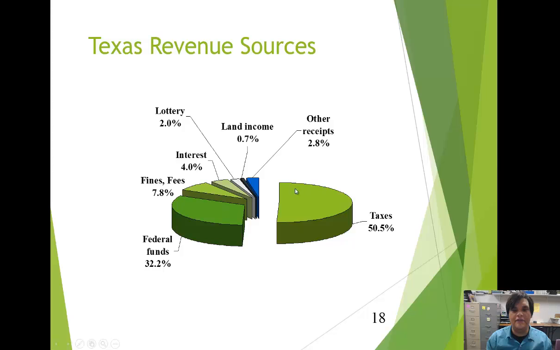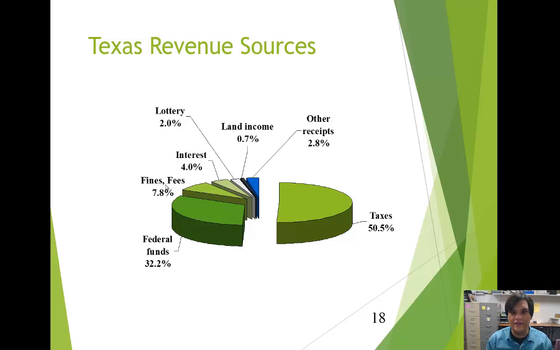And you can see from this graph that it also takes around 50% of its revenue from taxes itself. Federal funds, it takes a lot of money from the federal government. This says here 32.2%. Fines and fees, which is also a non-tax revenue source, it takes 7.8% of its revenue from fines and fees that people have to pay.